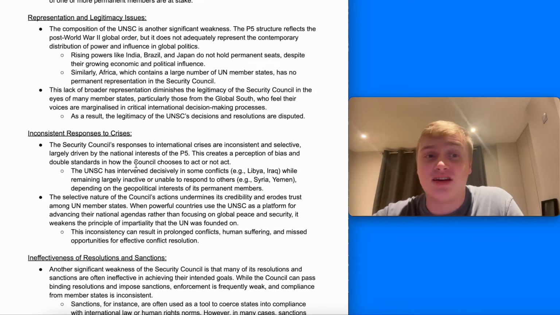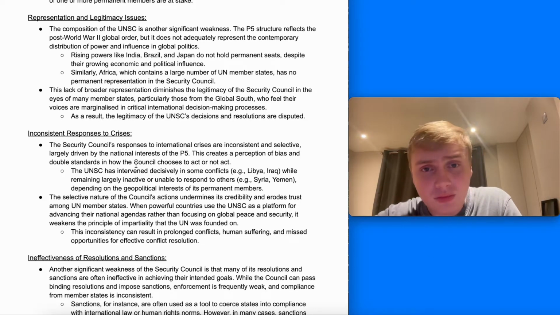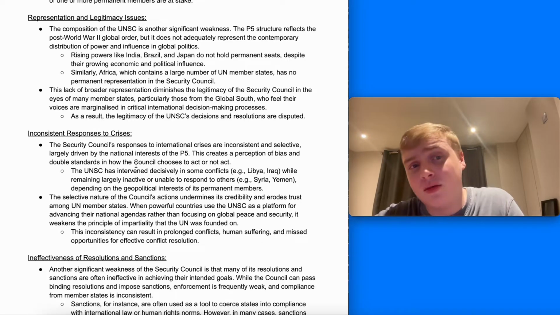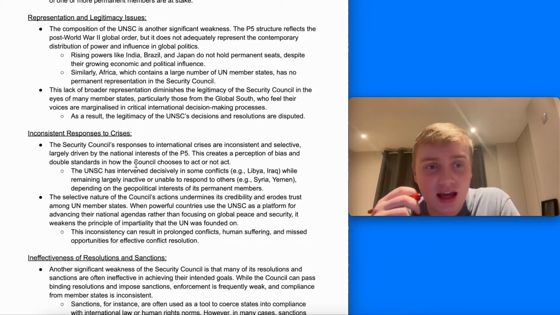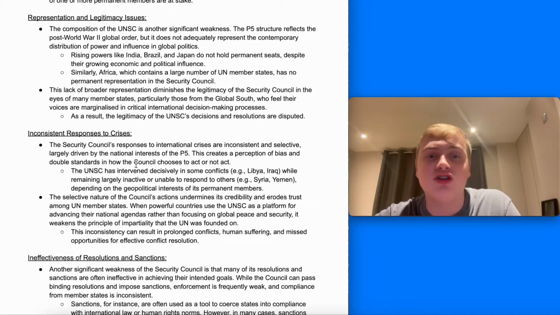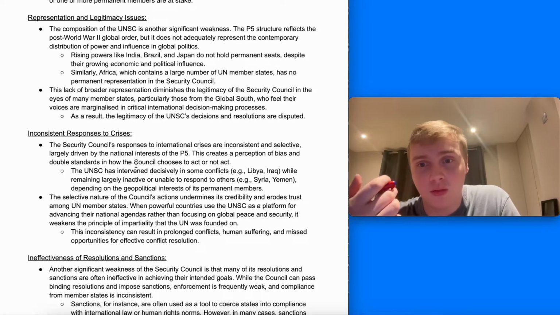Really big issues with representation and legitimacy. On the one hand, when they do make decisions, they can be seen as having some global legitimacy. But the P5 structure reflects the post-World War II global order. It doesn't adequately represent the whole world or the current distribution of power and influence in global politics. So you have rising powers such as India, Brazil, Japan, which don't hold permanent seats despite their growing economic and political influence, maybe not Japan growing at the moment, but it's one of the world's biggest powers.